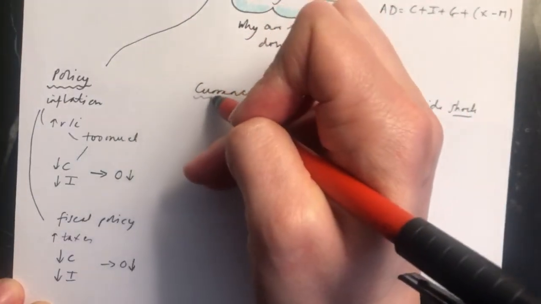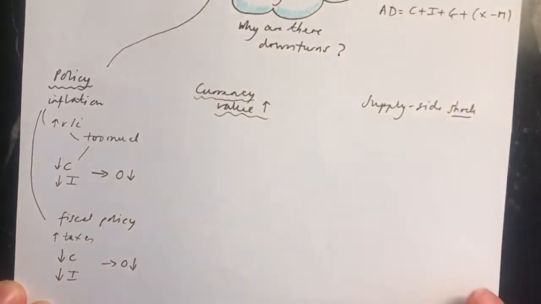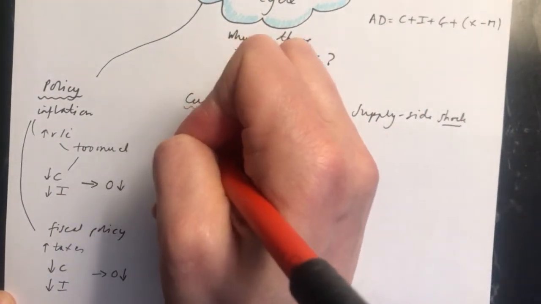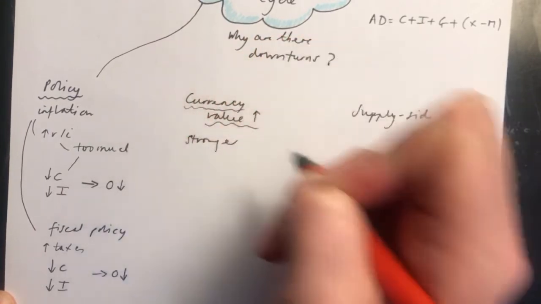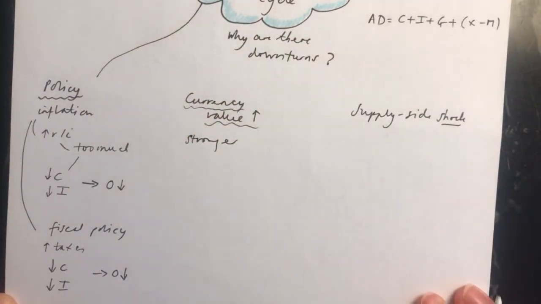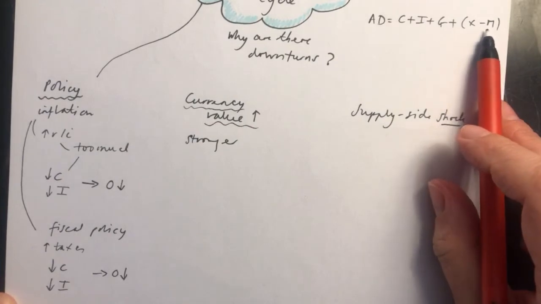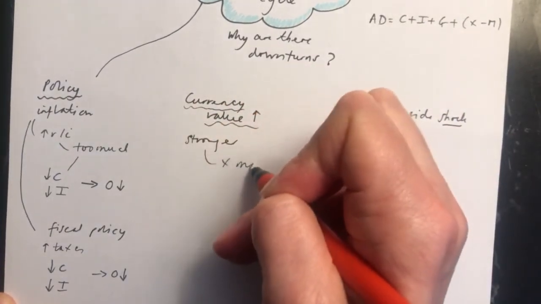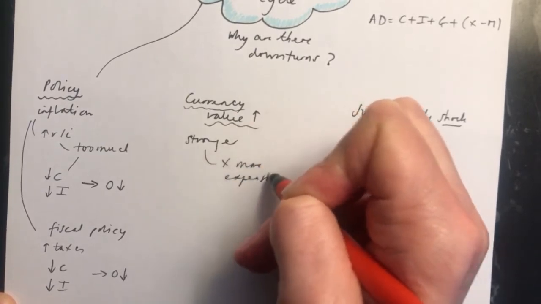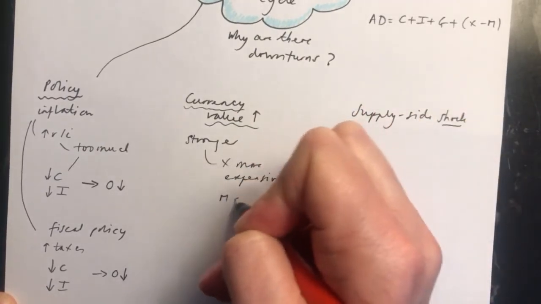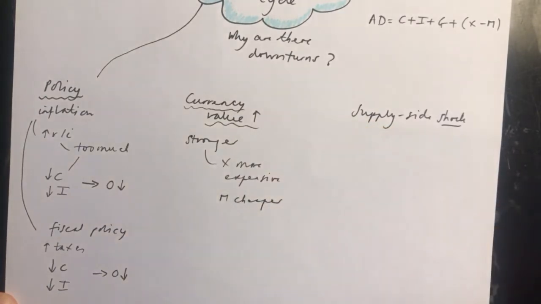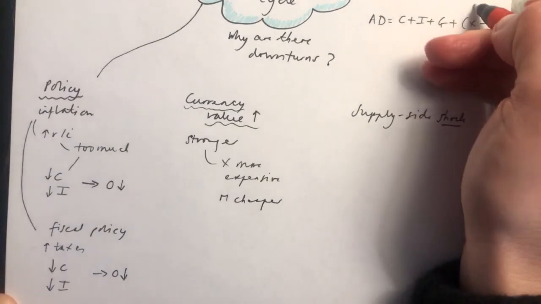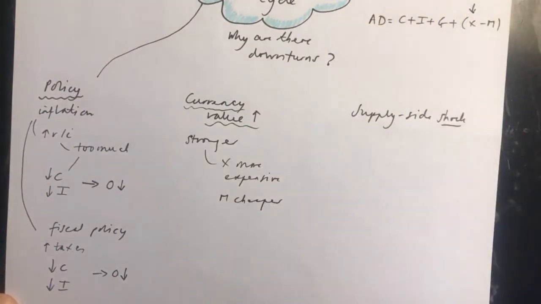The next one is your currency value. If your currency value goes up, so the currency gets stronger, this will have an impact on your net trade, exports minus imports. If your currency is stronger, this will make your exports more expensive, and additionally your imports will be cheaper. As a result of this, your exports will go down and your imports will go up.